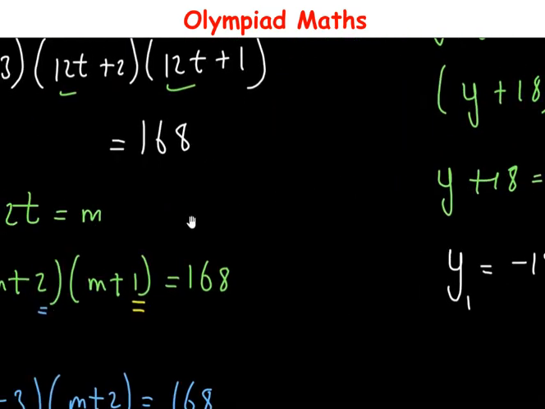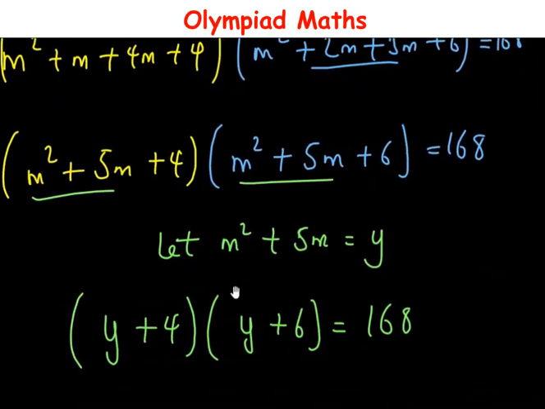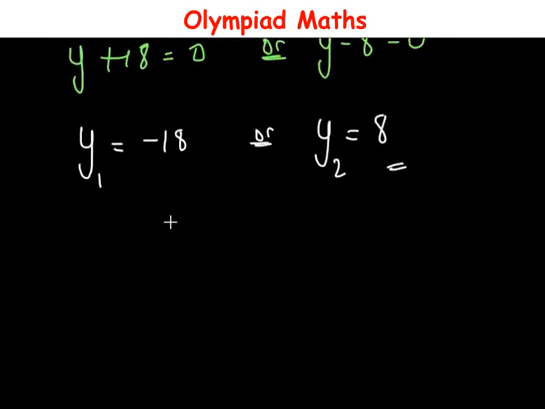So recall that from this equation, we said let m squared plus 5m equals y. Right here, we said let m squared plus 5m equals y.